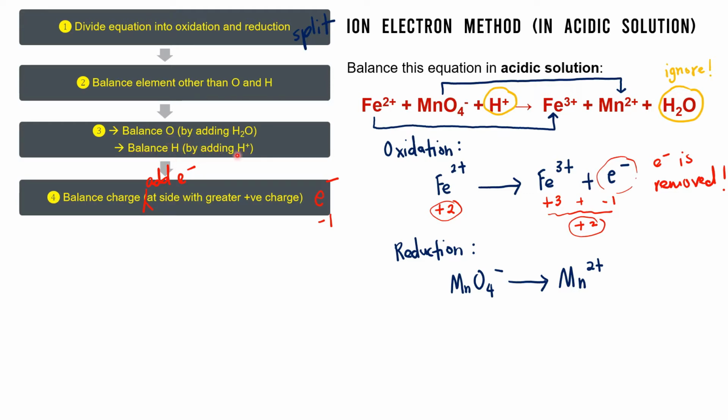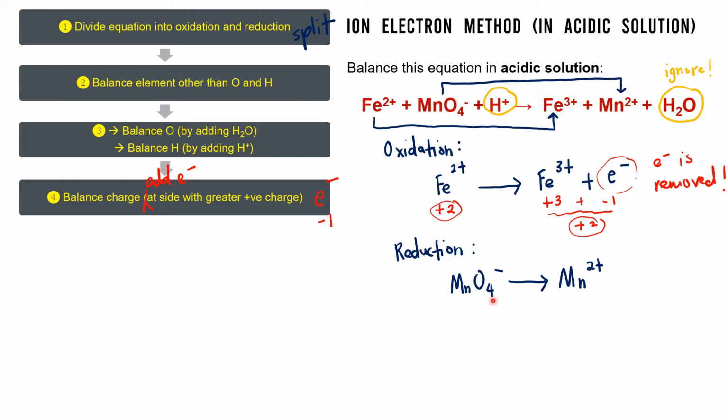Okay, start dengan O dahulu. So di sebelah kiri kita ada berapa banyak O? We have 4 oxygen di sebelah kiri, and di sebelah kanan, we don't have any oxygen. So, in order to balance chemical equation, you must make sure elemen yang sebelah kiri mesti kena equivalent dengan elemen di sebelah kanan.